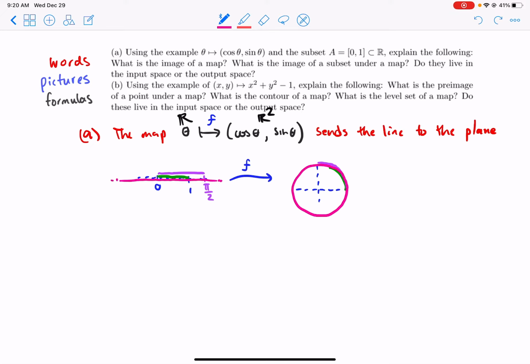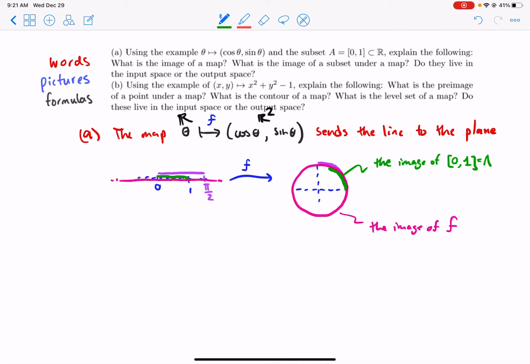Okay. So I'll label that like this is the image of F, the map F. The entire image is the entire circle. But this part, this green part right there, that's the image of the interval [0, 1].